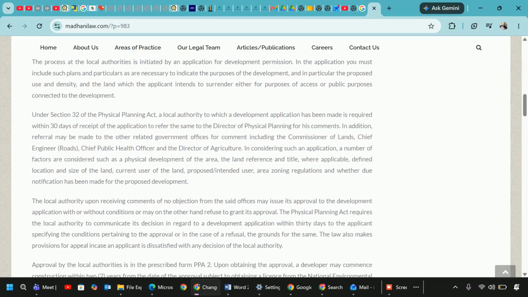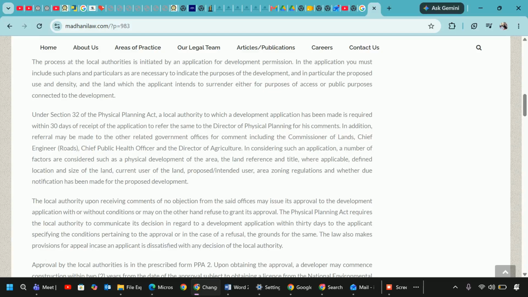And in particular, section 32 of the Physical Planning Act says that once an application has been made, the local authority is required within 30 days of receipt to refer the same to the Director of Physical Planning for his comments. So after we made our application to the local authority, we gave them 30 days to refer this application to the Director of Physical Planning for his comments.